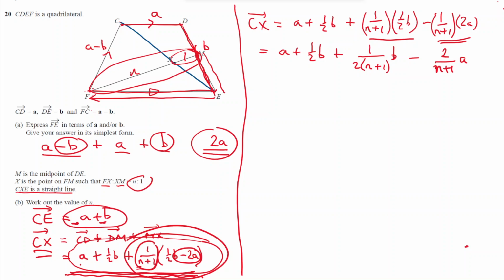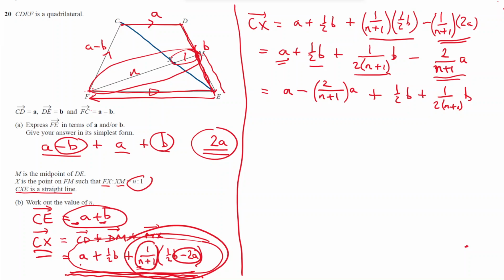Okay, next bit, let's combine like terms. So we have an a term and an a term here, so that would look like a minus 2 over n plus 1 a. You can put that in brackets if you like. And then I've got two b terms here and here, so plus a half b plus 1 over 2 n plus 1 b.